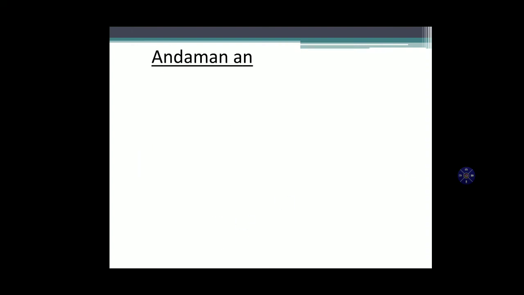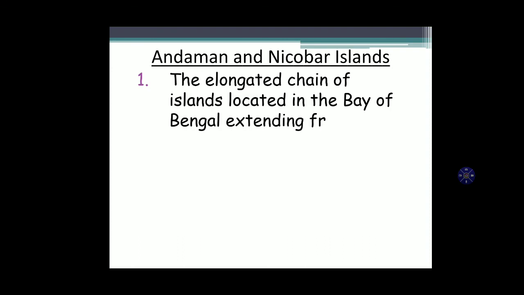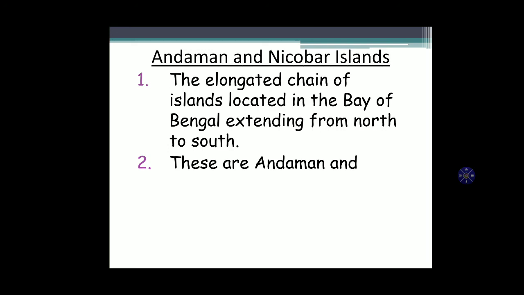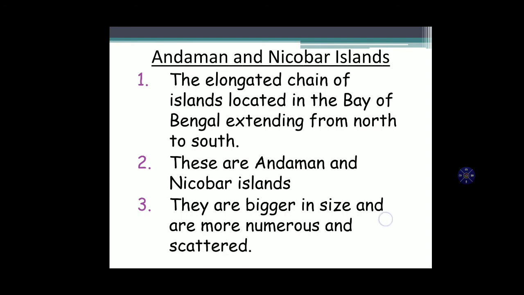Now the Andaman and Nicobar Islands: an elongated chain of islands located in the Bay of Bengal extending from north to south. These are the Andaman and Nicobar Islands. They are bigger in size and are more numerous and scattered.